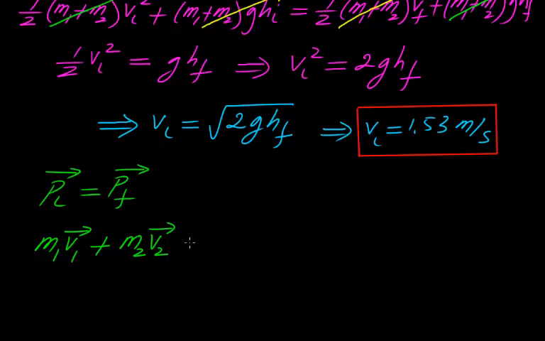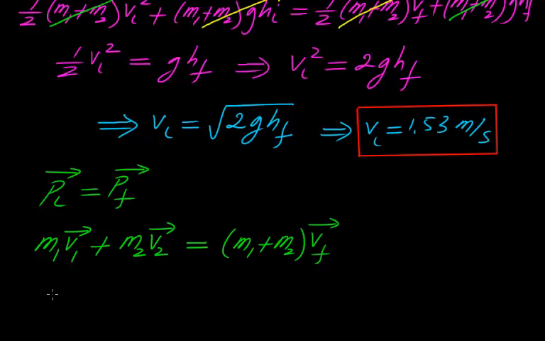After the collision, the bullet becomes embedded within the block, therefore I have one single object, m1 plus m2, times the final velocity. Notice that this final velocity, which is the velocity of the block-bullet system after impact, is the same as the initial velocity of the pendulum.